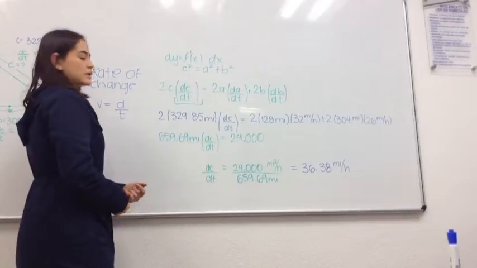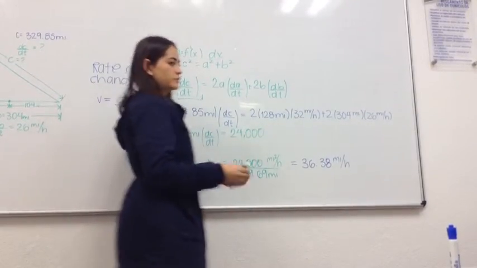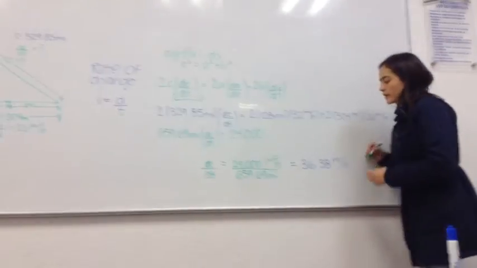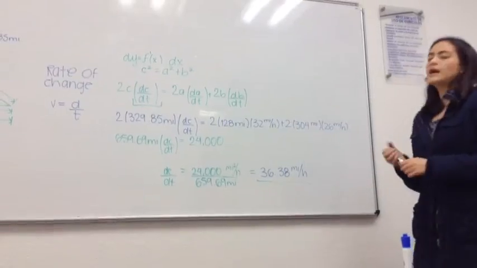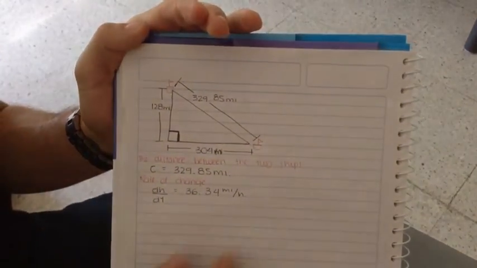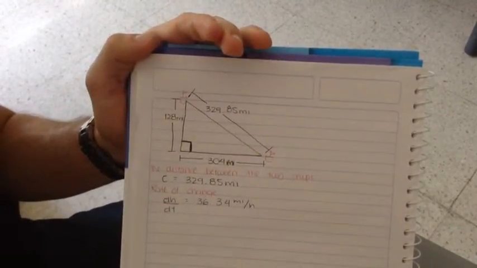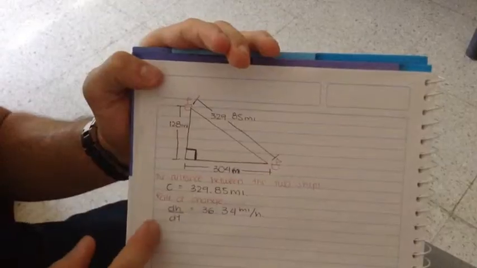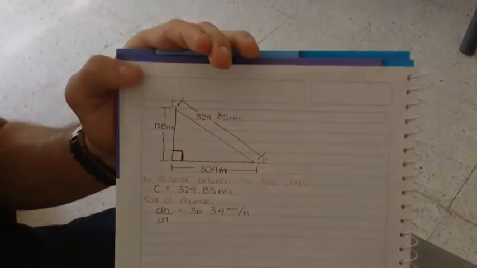So we isolate it, and we do the result in the calculator, and we got that the final result is 36.38 miles per hour. As we can see, the distance between the two ships is 329.85 miles, and the rate of change is 36.34 miles per hour.